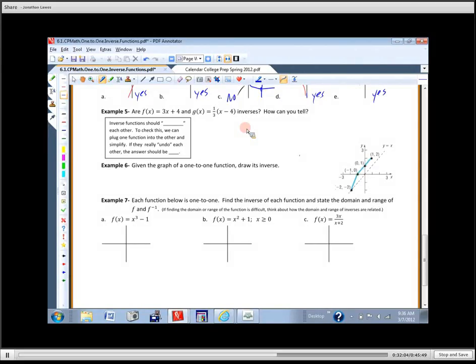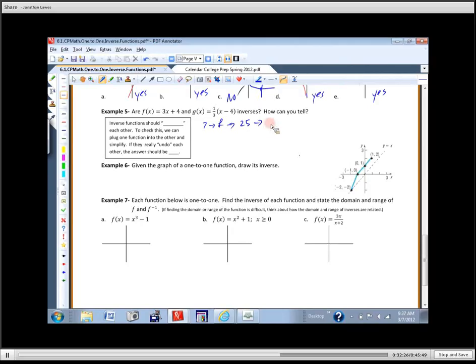We could actually try and find the inverse and see if it works out to be this. We could do something like this. Let's take the number 7 and let's plug it into f. What comes out? Let's see, 7 times 3, that's going to be 21, plus 4, that's going to be 25.